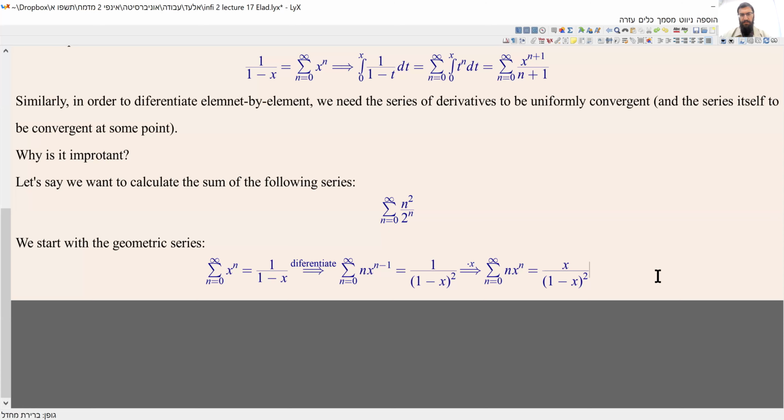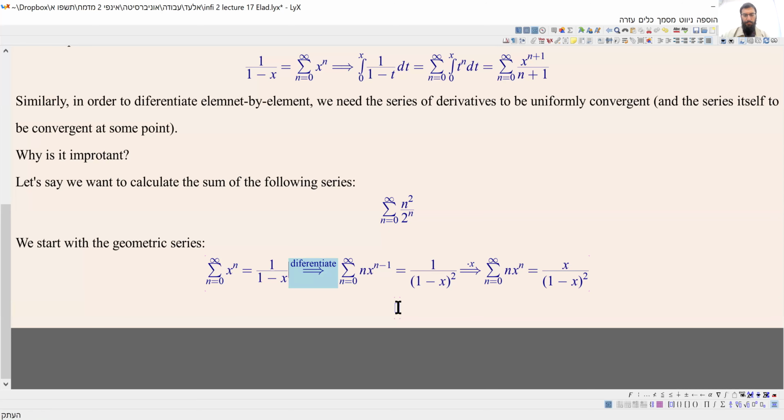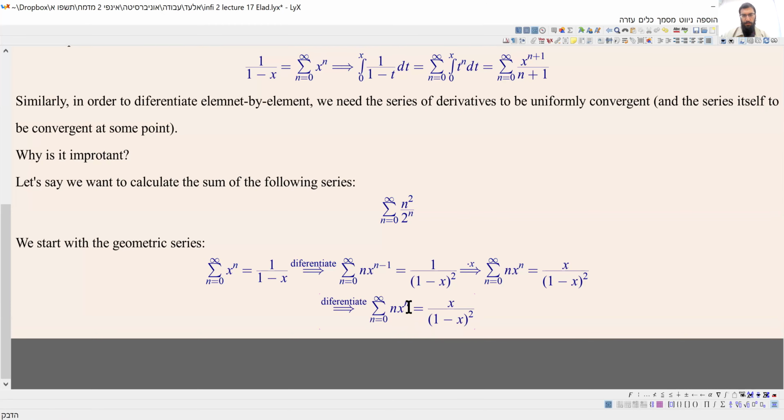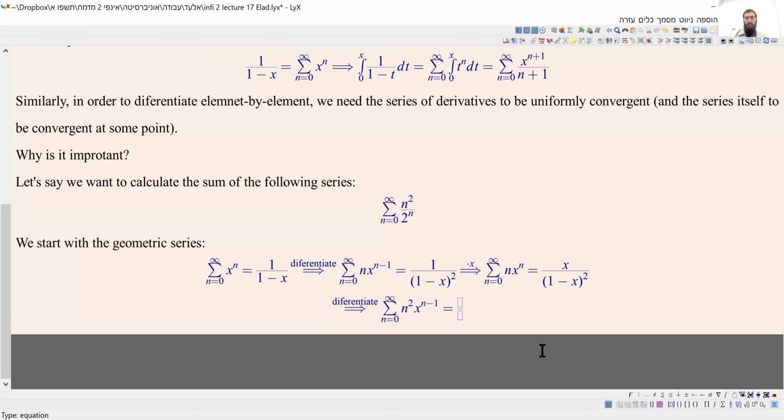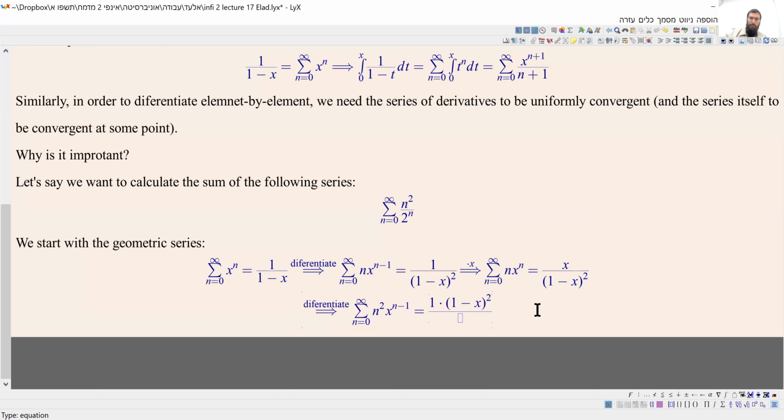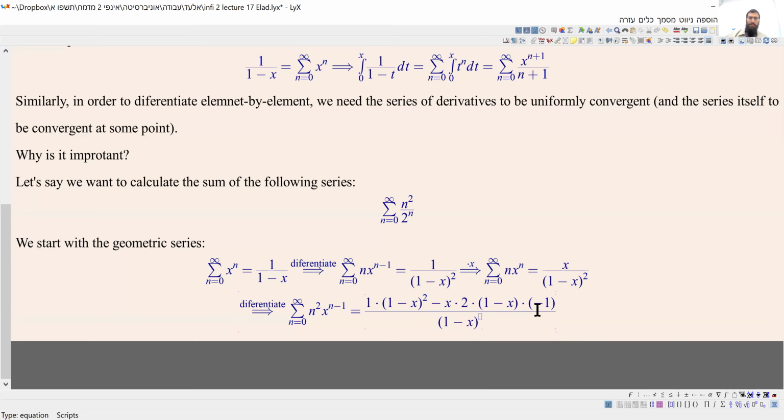Differentiate again, element by element. Here the n goes out and meets its own n friend. They become together n squared. And we should find the derivative of this function, which is, written down explicitly, the derivative of the numerator multiplied by the denominator minus the numerator multiplied by the derivative of the denominator, with the minus 1 as the inner derivative, over the denominator squared.